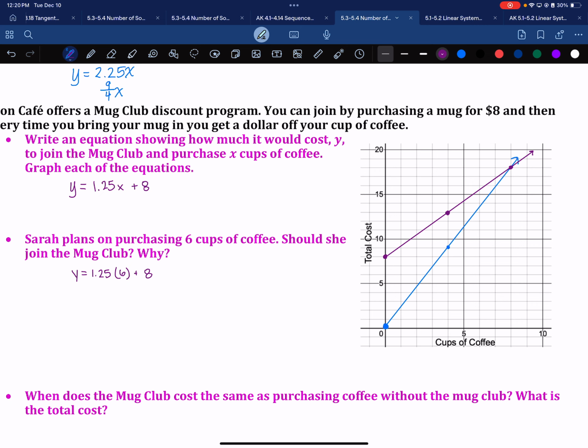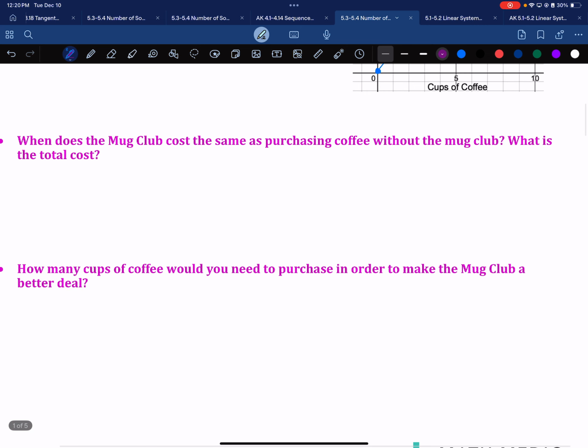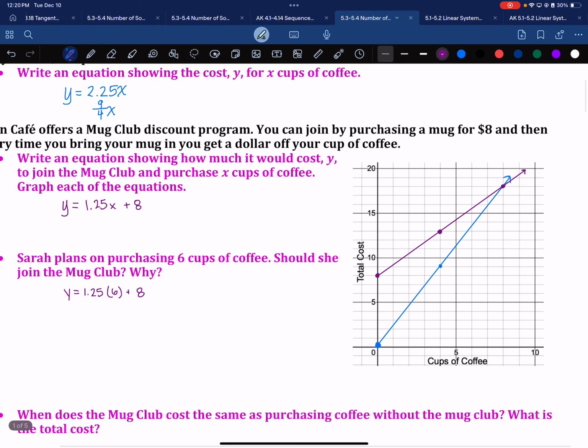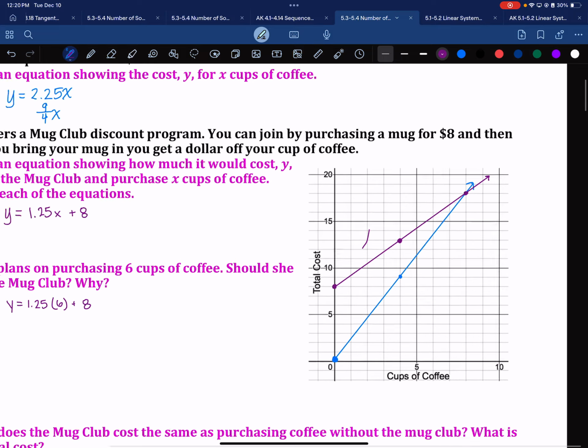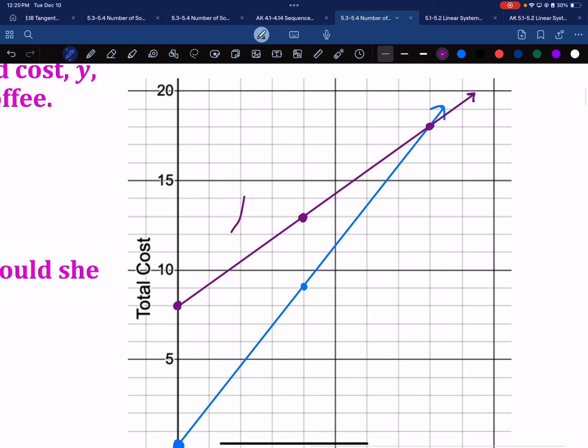Okay, when do they cost the same? At 8 cups. How'd you know that? So you use the graph to determine, okay, the y is representing the total cost. So when x equals 8, that is when the total cost is the same.